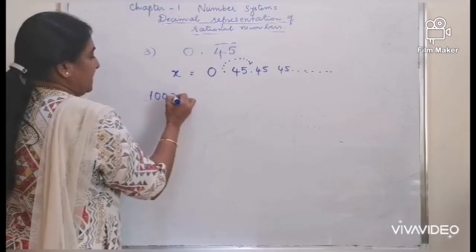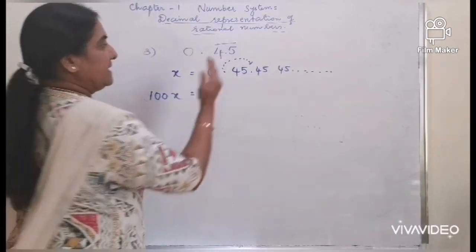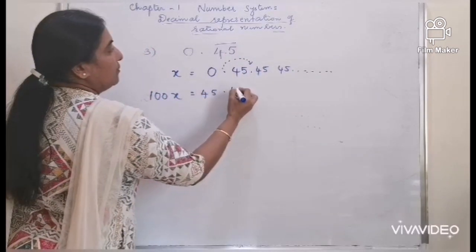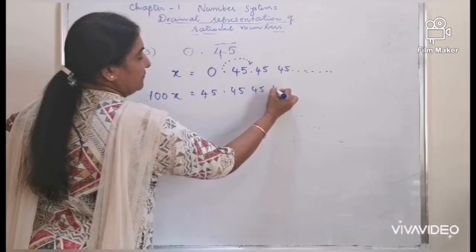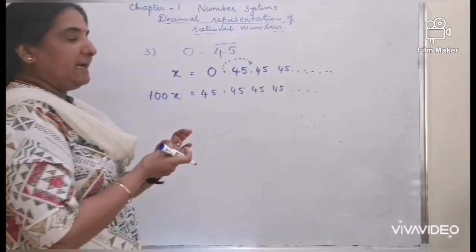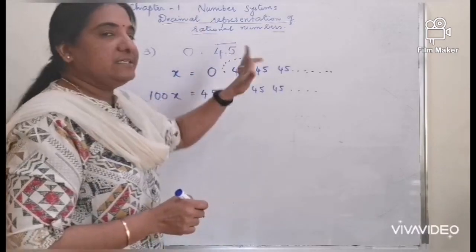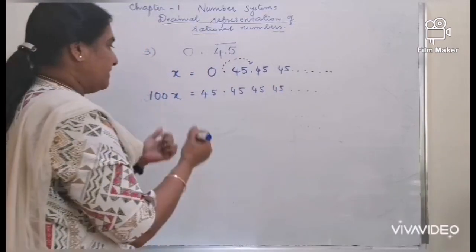If you multiply with 100, it becomes 45.454545. Make sure that after the decimal only the recurring digits are placed.